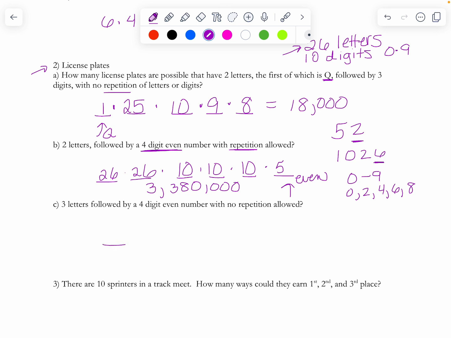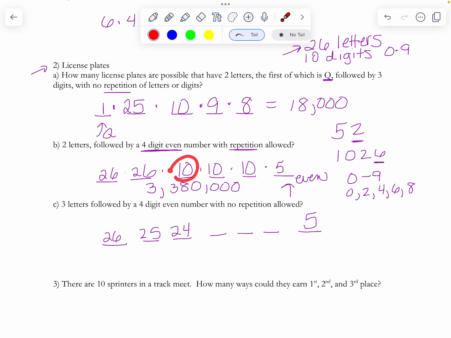Now my next one said 3 letters followed by a 4-digit even number with no repetition. So 26, 25, 24. Now for the 4-digit even number, my last spot is still going to be 5, but now I used one of my numbers and I cannot repeat.